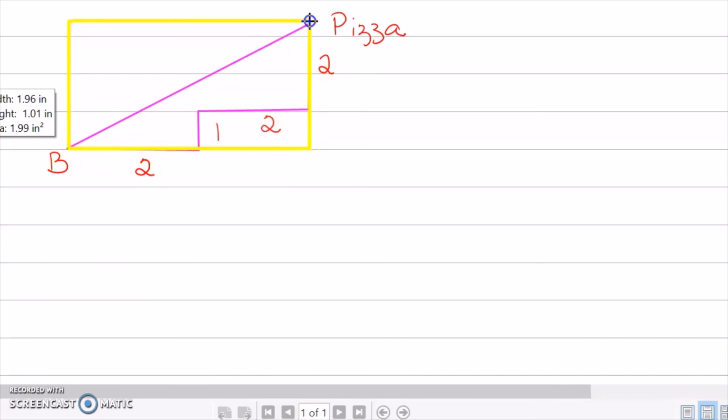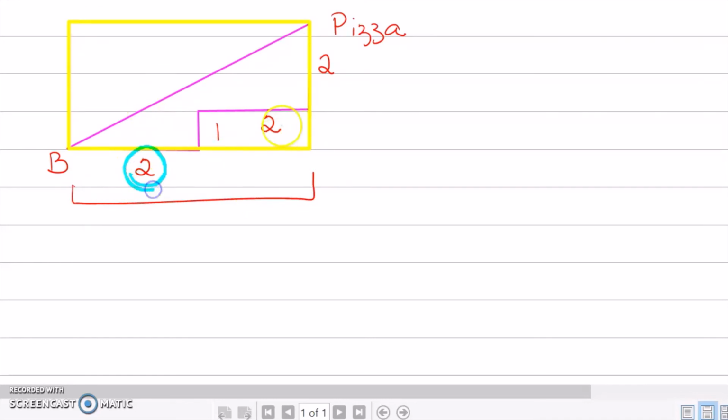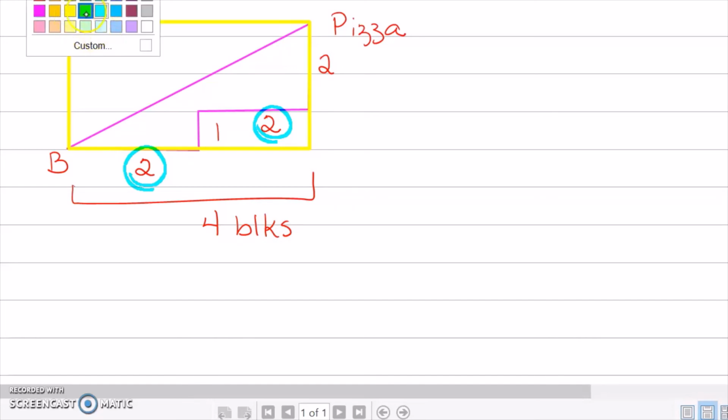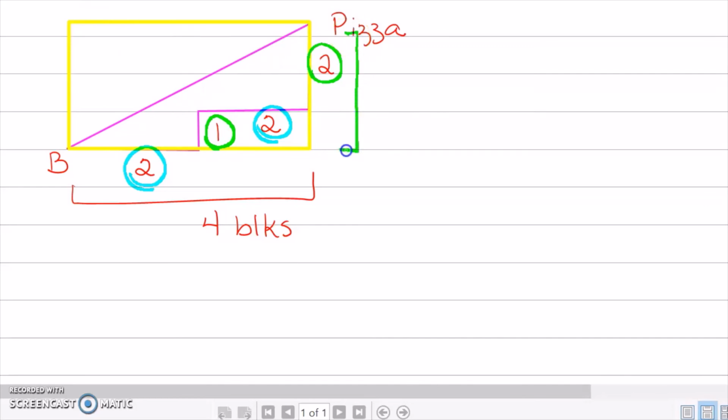So instead, I'm going to look at it like this. And then I know the total east was 4. The total north was 3.